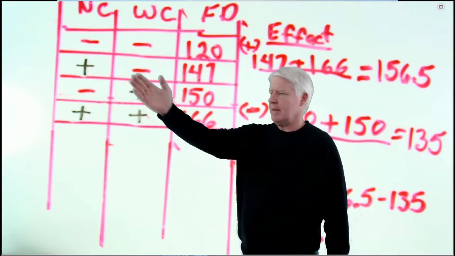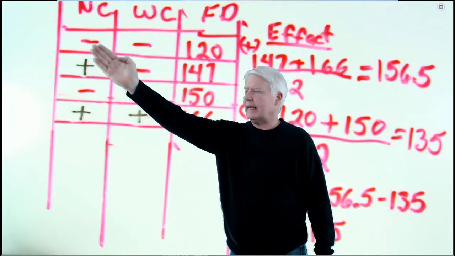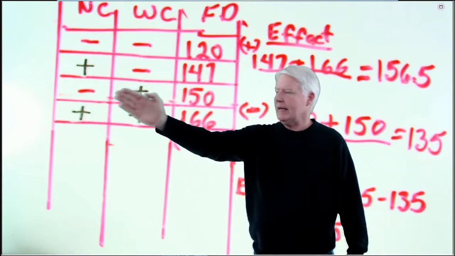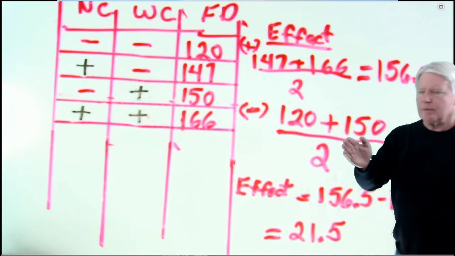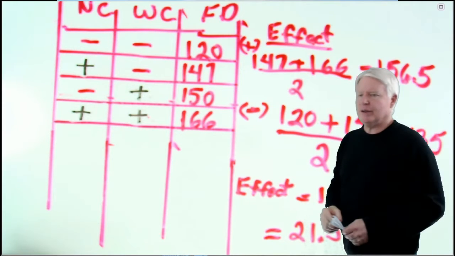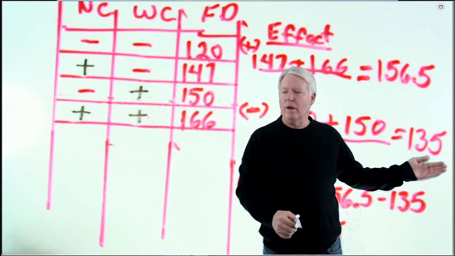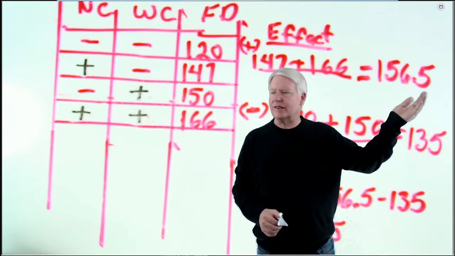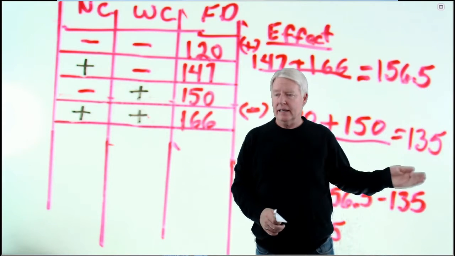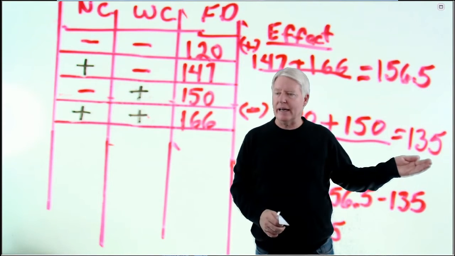Folded out, negative, it went 120 and 150. So 120 plus 150 divided by 2 equals 135. So this was my average flight distance when my nose setting was positive, folded in, and this is when it was negative, folded out.